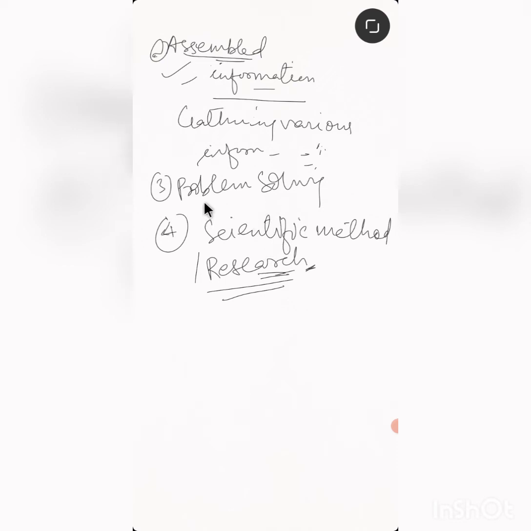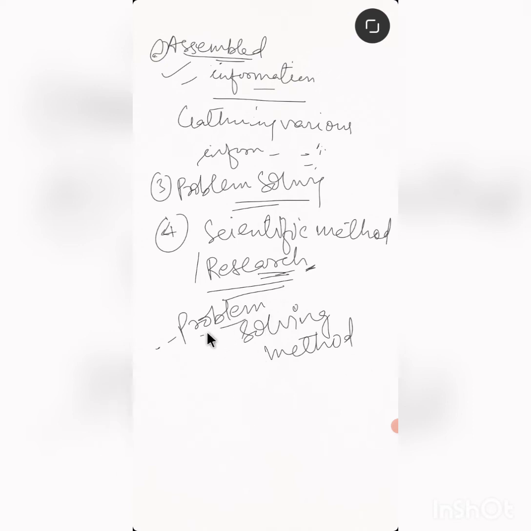Okay, let's move to the problem solving. Another structural method of developing knowledge, problem solving. Okay, now as the name suggests, the problem solving method of development of knowledge, or developing knowledge, right?